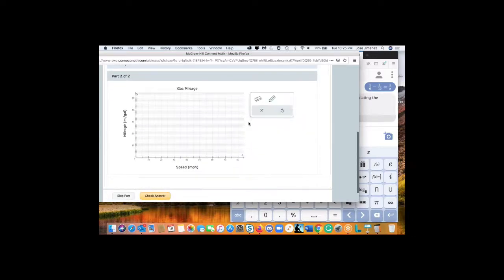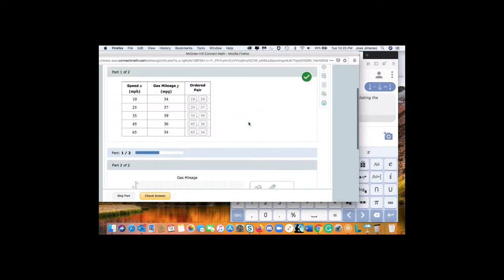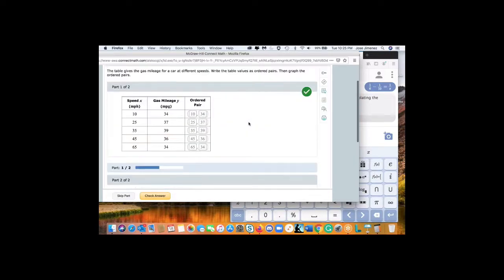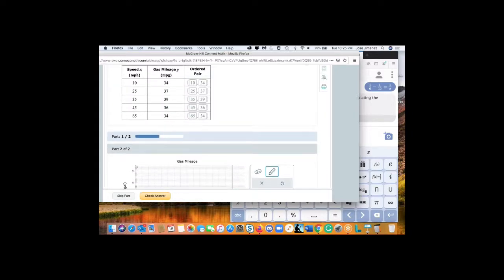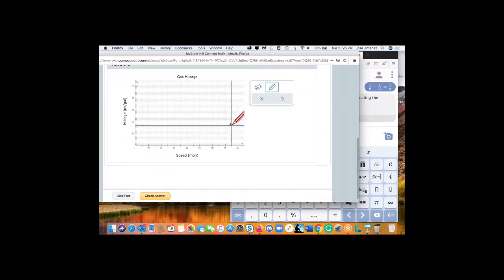Now here is the second part, which is a little, those numbers are big, but the idea is the first, you take the first one, 10 to 34. So you click the pen right here. And then you go from the first one, and remember the x is 10 and the y is 34. So you look at 10, it's right here, and then go up to 34, 1, 2, 3, 4.